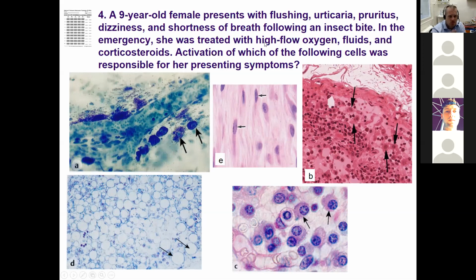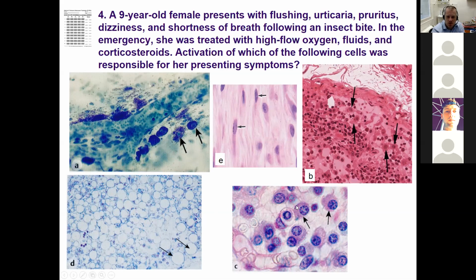She's been treated somehow, she's okay, and now you need to identify which cells might be the cause of these symptoms. Yeah? So you need to identify the cells correctly, and you need to understand which of these could be related to these symptoms.